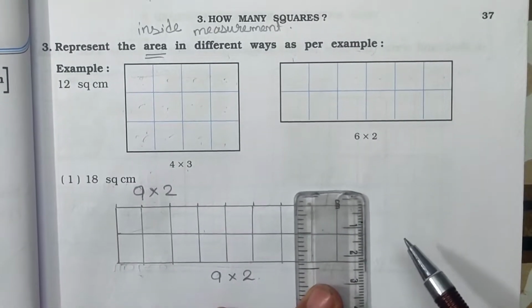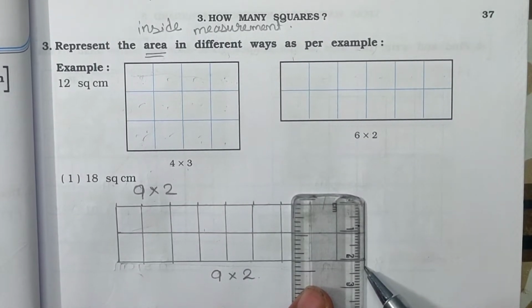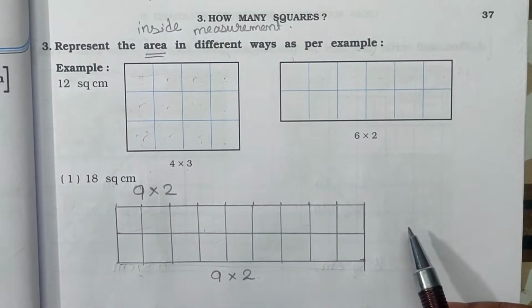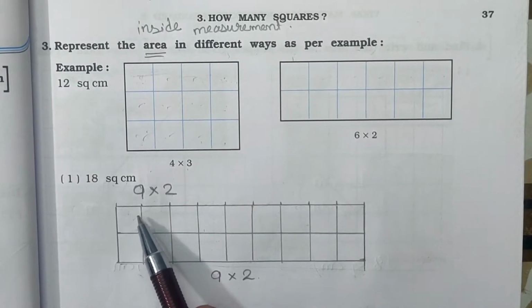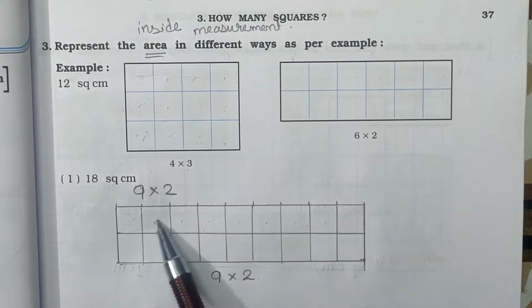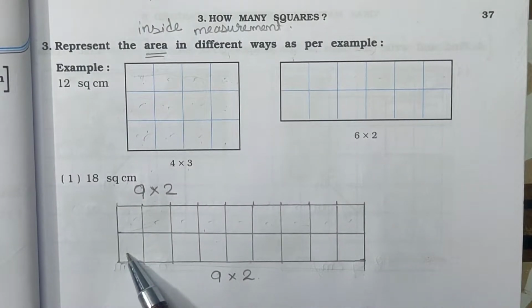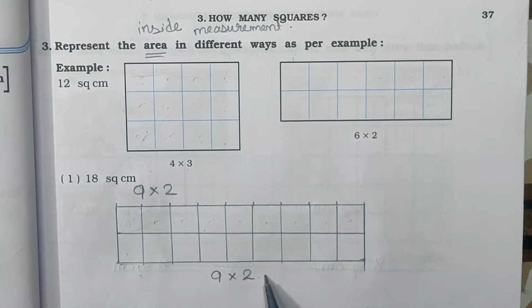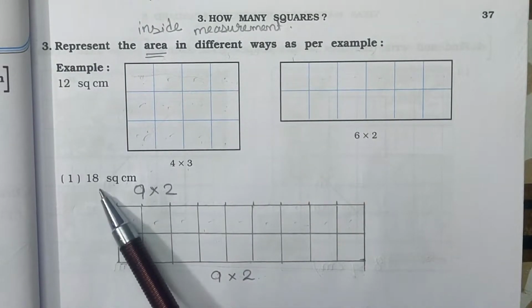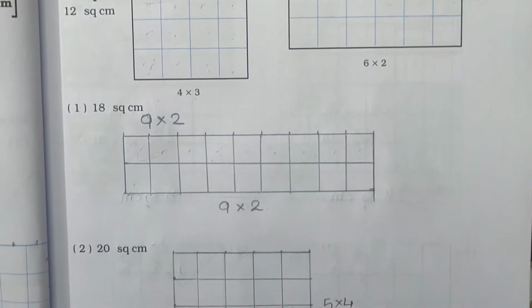And here it's 2 squares, 1 centimeter 2 squares. 1 2 3 4 5 6 7 8 and 9. Here it's 9 squares and here it's 2 squares. So 9 multiplied by 2, it's 18. So 18 square centimeter.